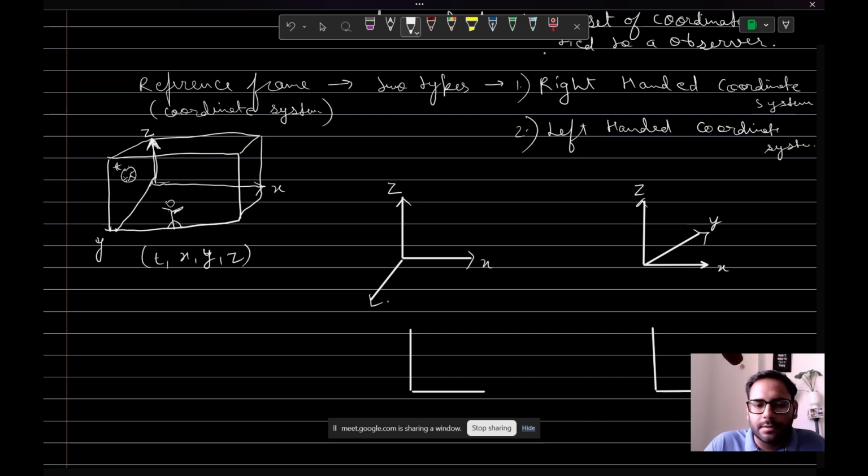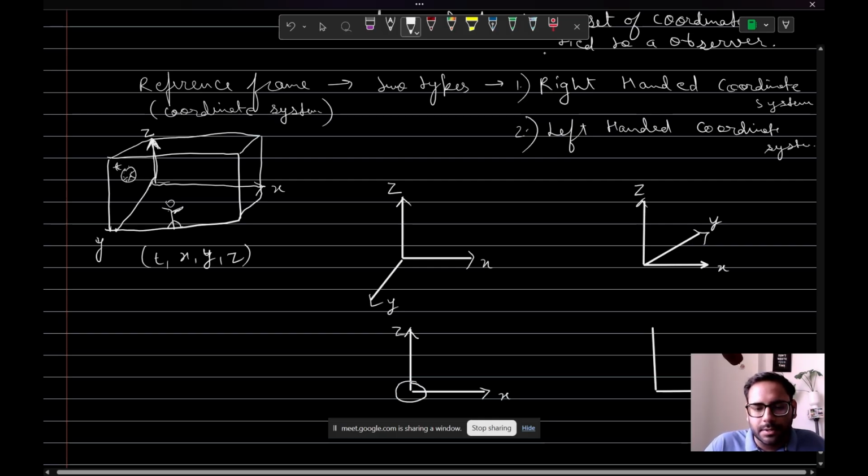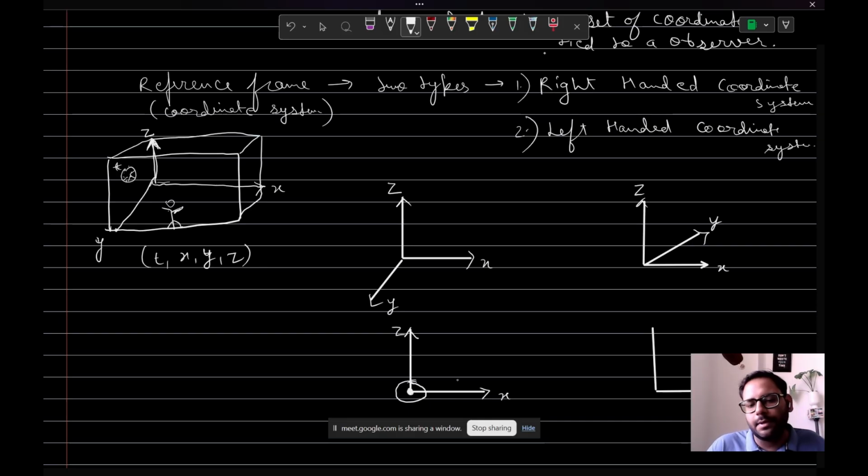The similar diagram can be shown by this: a circle, and we represent a dot here.